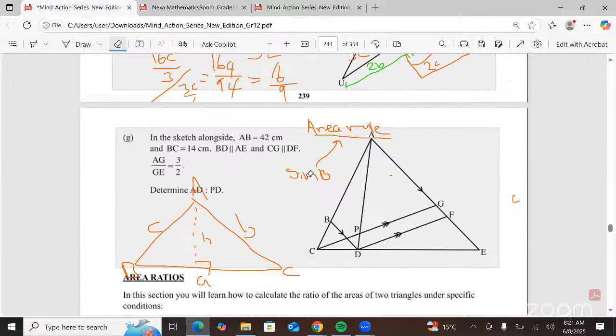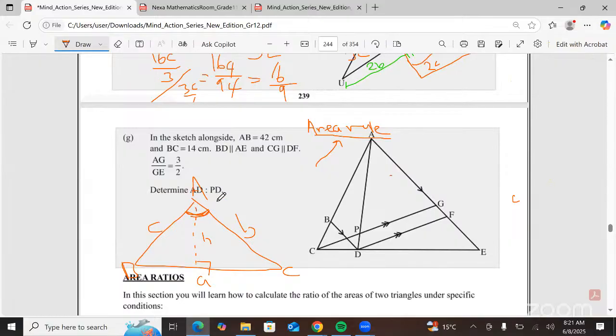So area rule works like this. If there exists this triangle here, and let's say you are given this angle here, what will you do with area rule? The formula for area always has that half there.